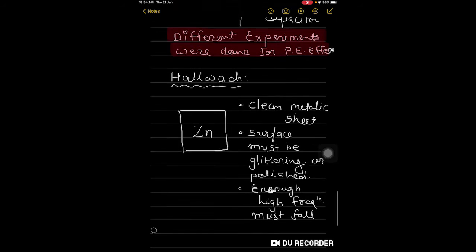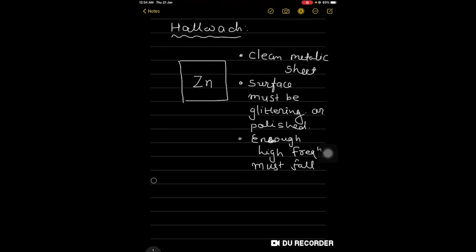So Hallwachs made this arrangement for the zinc plate, and then he tried different types of experiments on that zinc plate. Now we see what he had done.